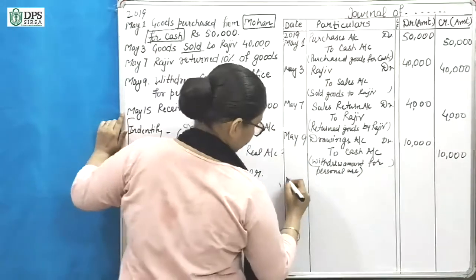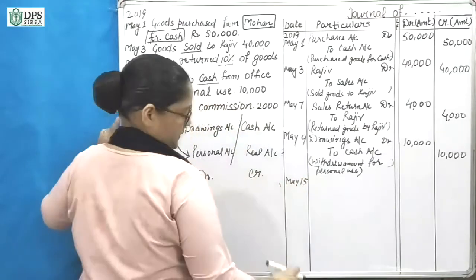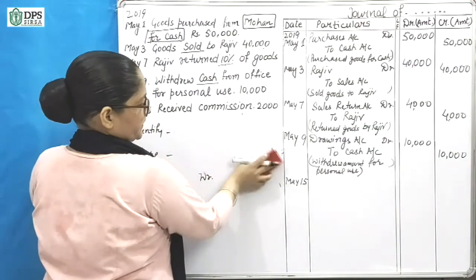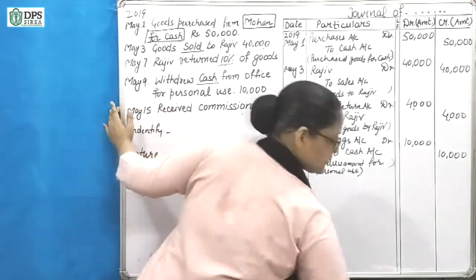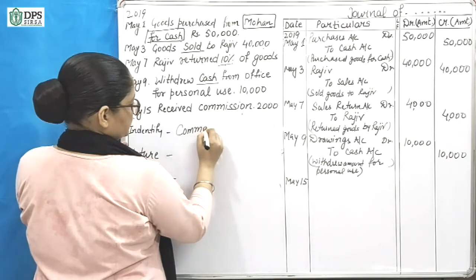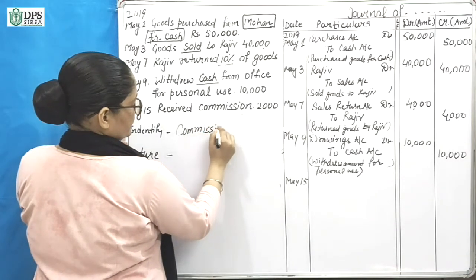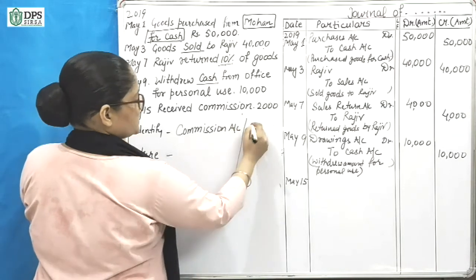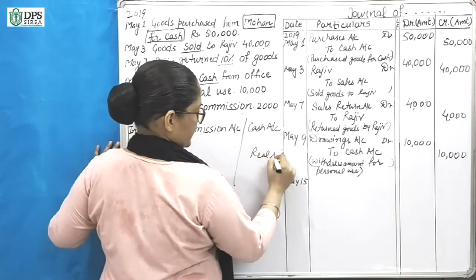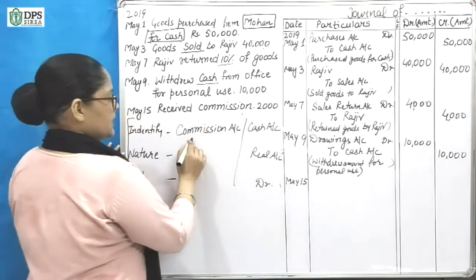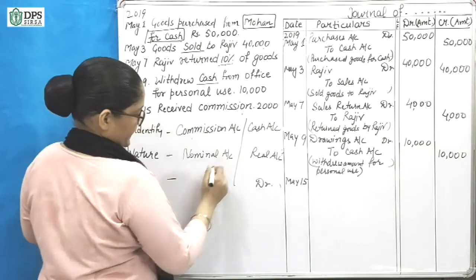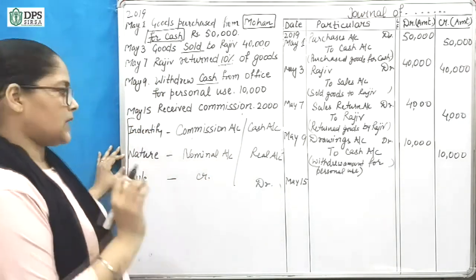Next we have May 15. On May 15 we have received commission. Whenever we are receiving commission, this is an income for us. Cash is coming, so it is a real account and it will be debited, and commission is our income, which belongs to the nominal account, so it will be credited because all incomes are credited.